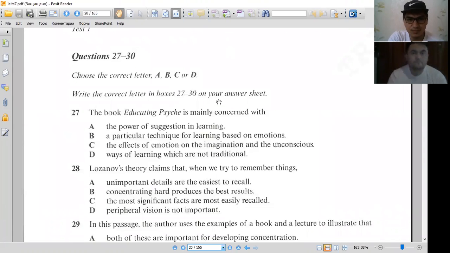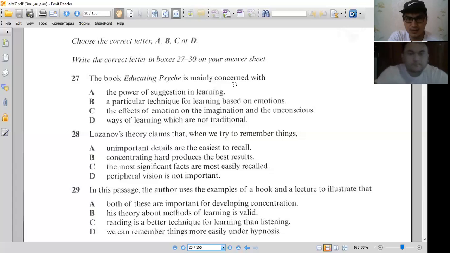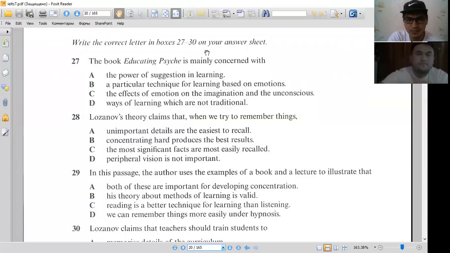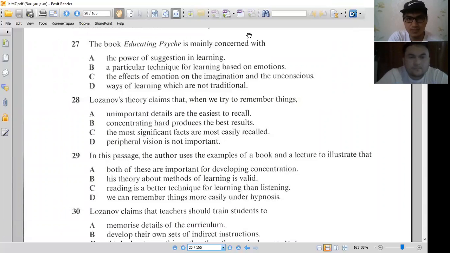So in multiple choice questions, we have another technique. We should use some important strategies and also techniques. So first one, rule number one, we read the question first and underline keywords there again, okay?